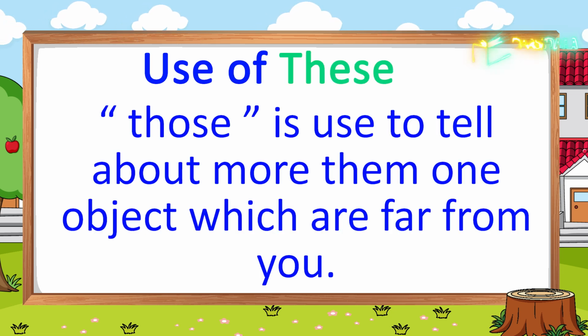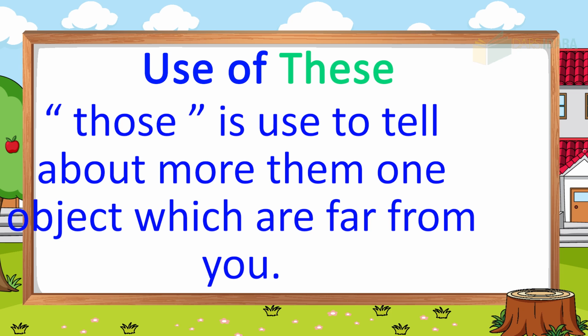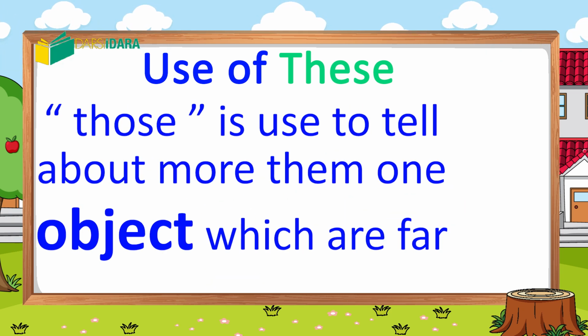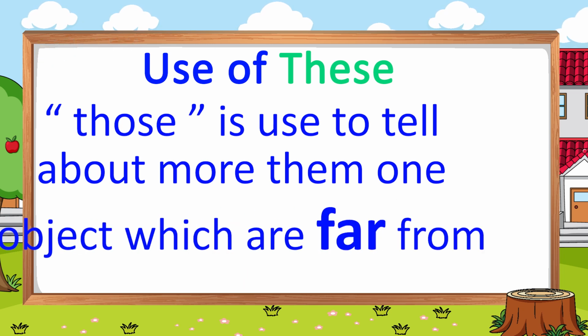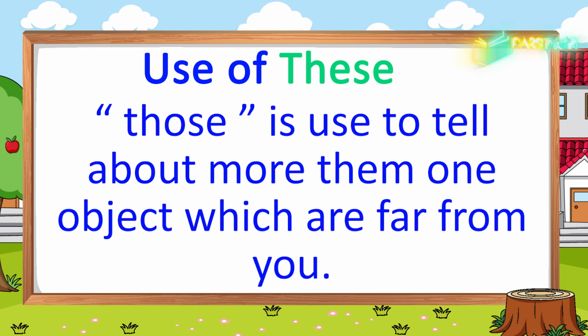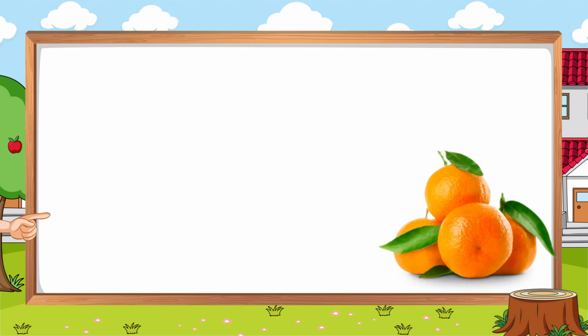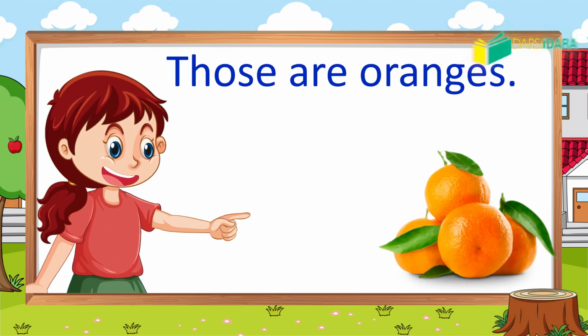Children, those is used to tell about more than one object which are far from you. Let's see some examples. Those are oranges.